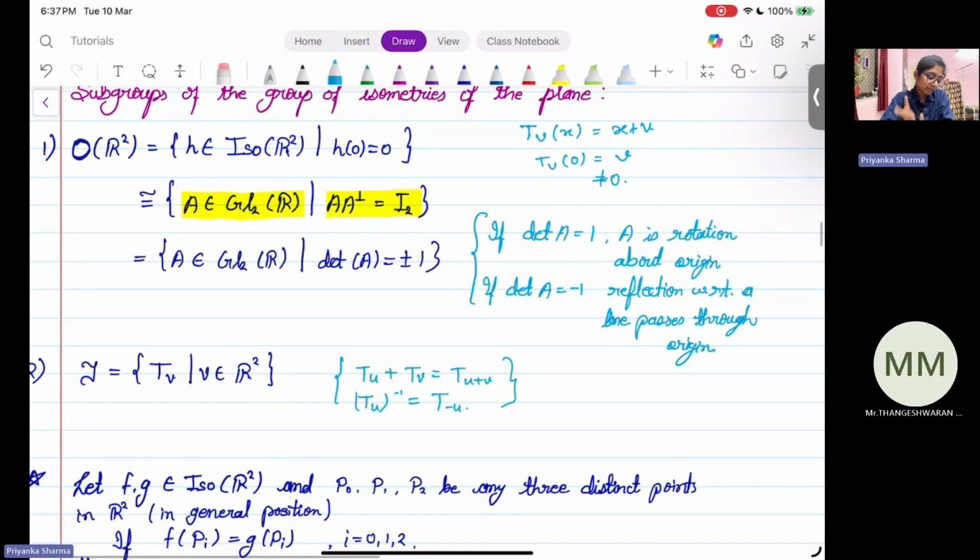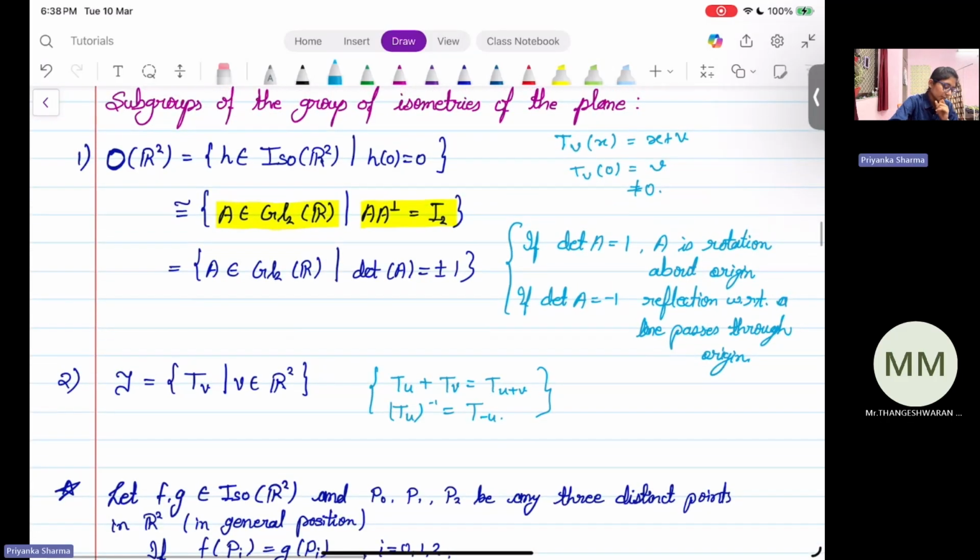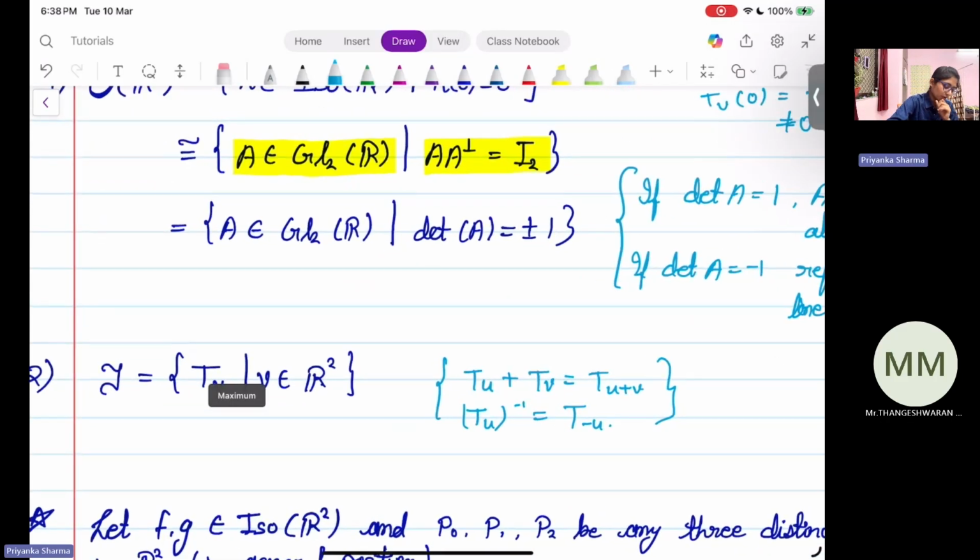And the reflection is a reflection with respect to a line, but the line must pass through the origin, otherwise it will not fix the origin. If we want to rotate, then the rotation must be about the origin. If we want to reflect by a line, then the line must pass through the origin.